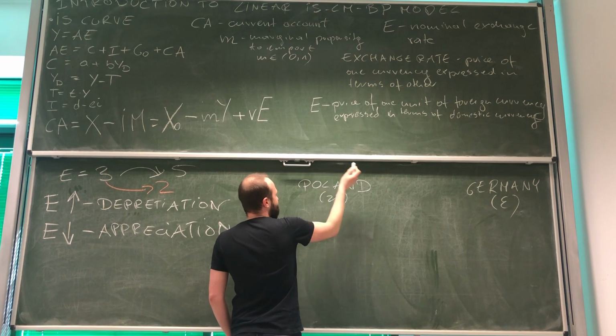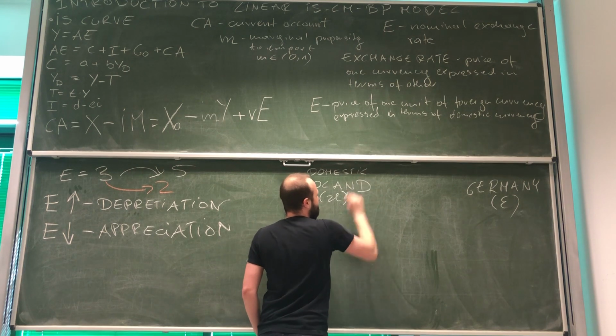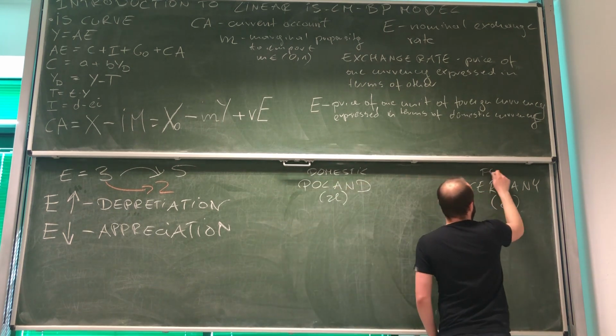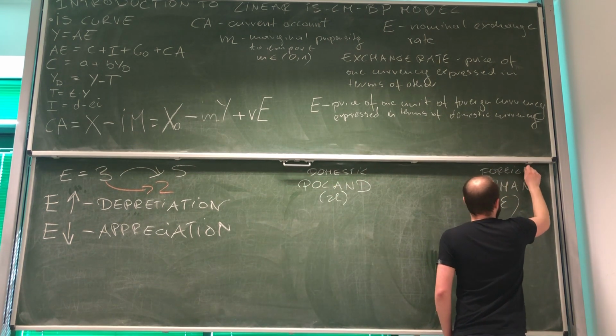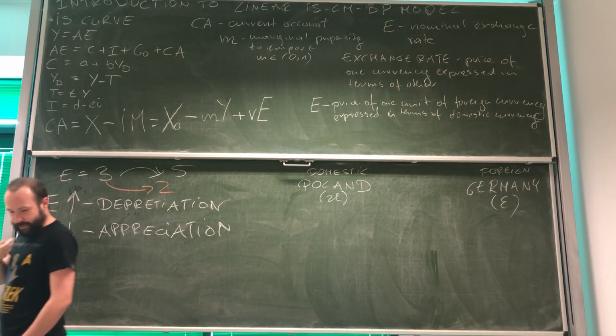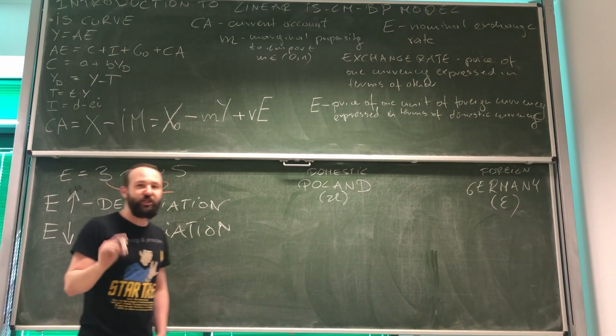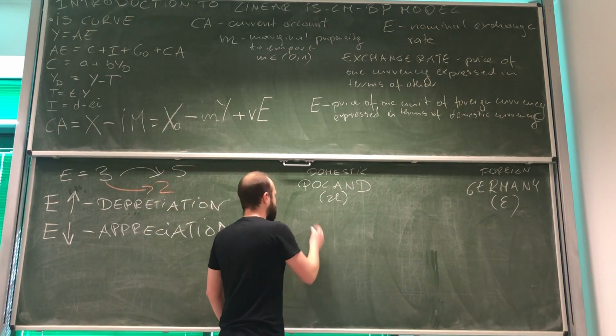Let's just say that Poland is domestic or home, and Germany is a foreign country. Okay. Now, imagine also that those two countries are each producing one single good.